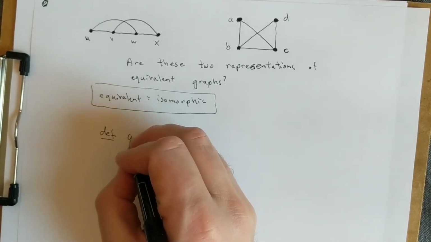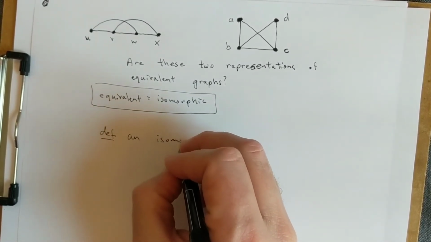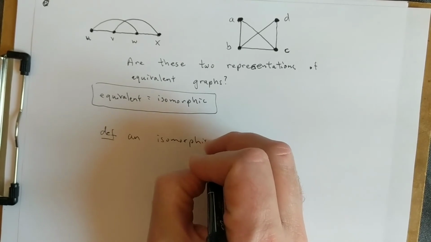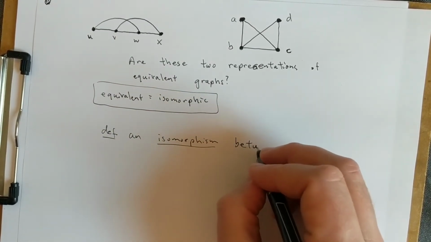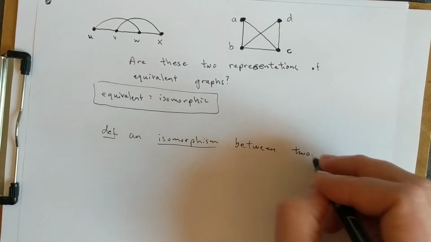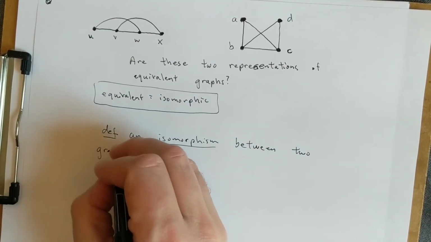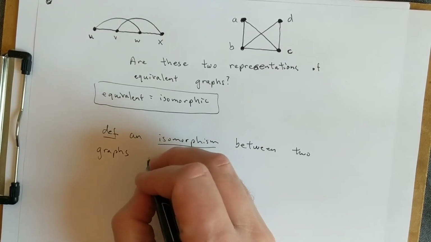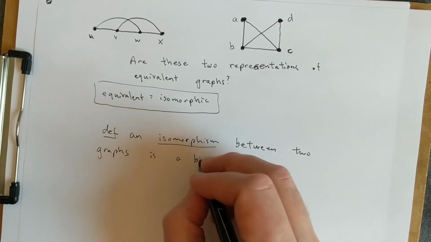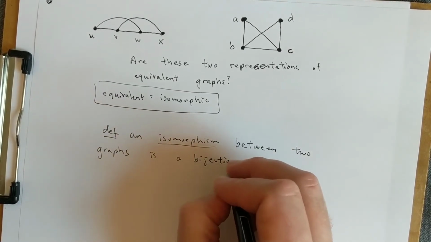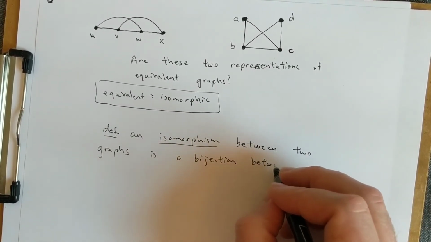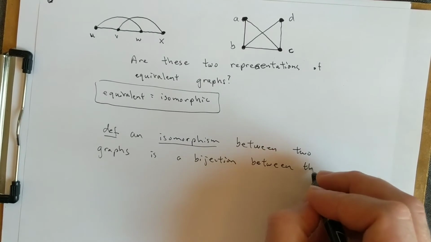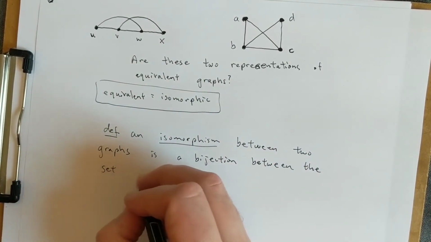An isomorphism between two graphs is a bijection between the set of vertices.